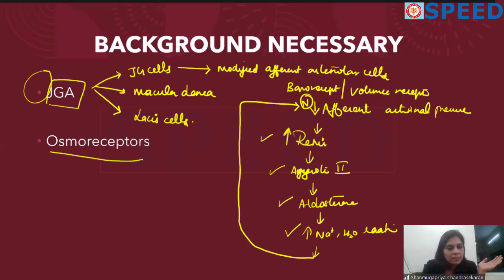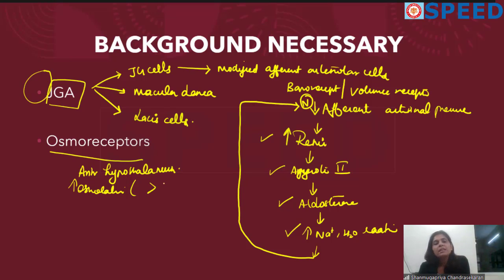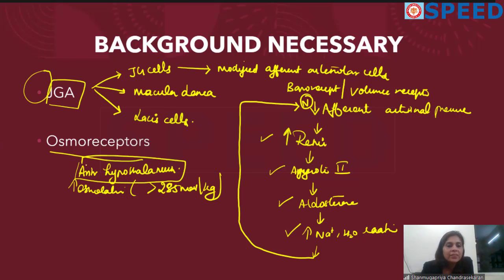Now about osmoreceptors. Osmoreceptors are present in the anterior hypothalamus, and they get activated whenever there is hypovolemia or hyperosmolality. Whenever the osmolality of a person's serum rises above 285 milliosmoles per kilogram, the anterior hypothalamus receptors get activated.